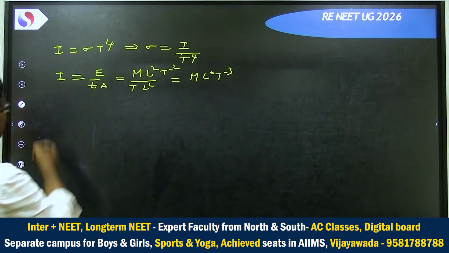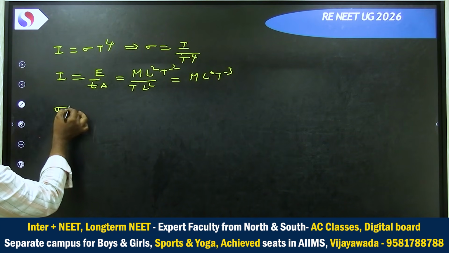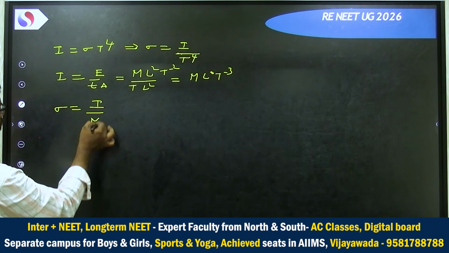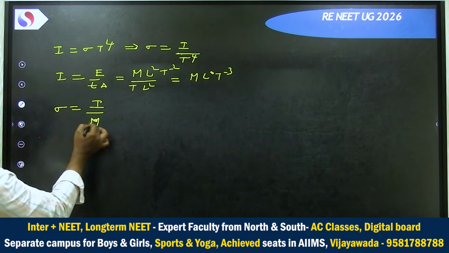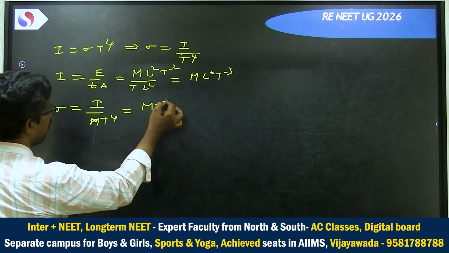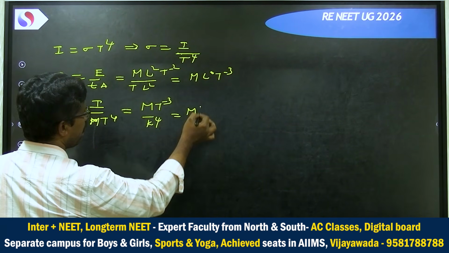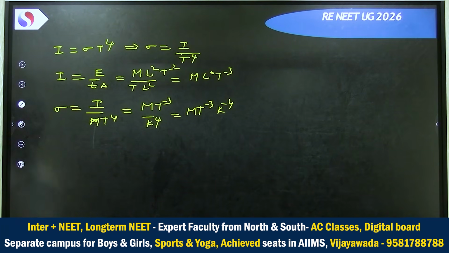This is the dimensions of intensity. Sigma is equal to intensity by temperature power 4, so it is M T power minus 3 Kelvin power minus 4. This is the dimension formula of sigma. Next one.